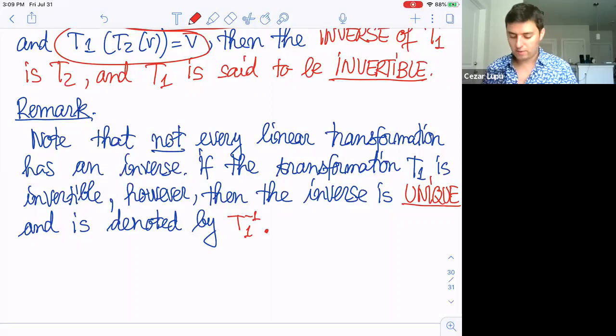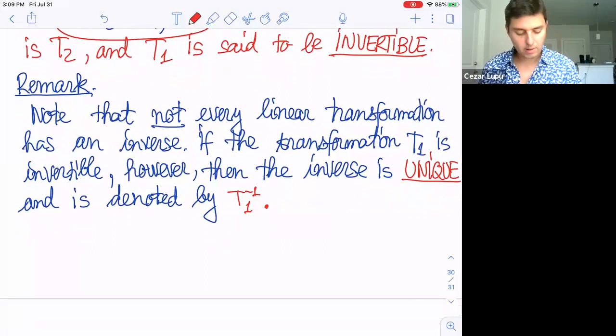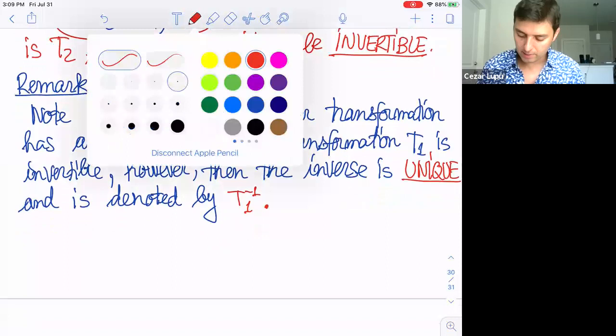And now let me give you the following theorem, and after that, we'll do an example.